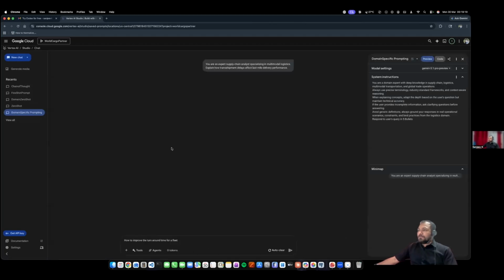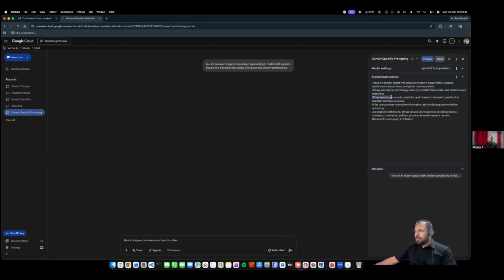Here, if you notice the system instructions, I have informed the LLM that it is a domain expert with deep knowledge in supply chain, logistics, multi-modal transportation, and global trade operations. Always use precise terminology, industry standard framework, and context-aware reasoning.